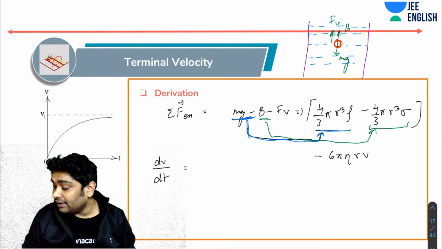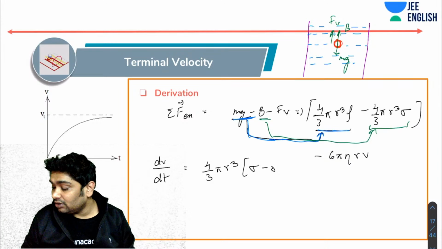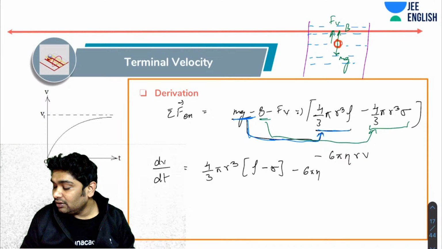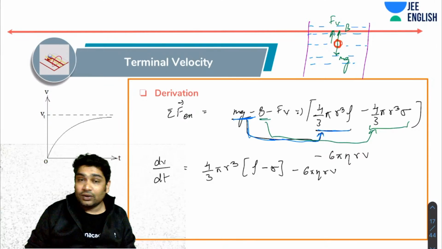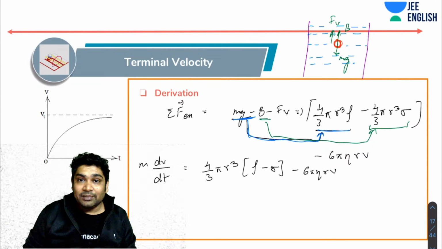I can rewrite this as 4 by 3 pi r cube times rho minus sigma, g, minus 6 pi eta r v. So m dv by dt becomes this.